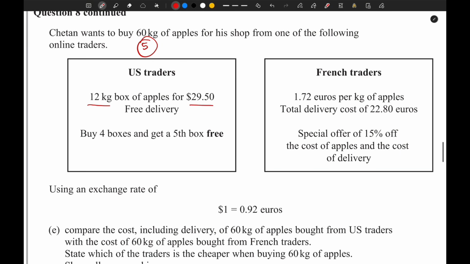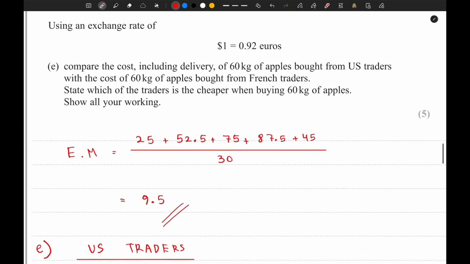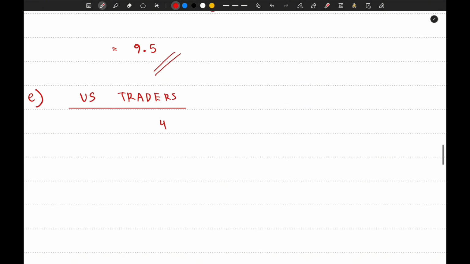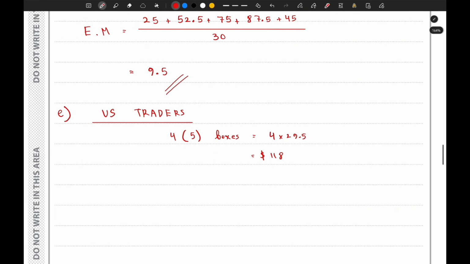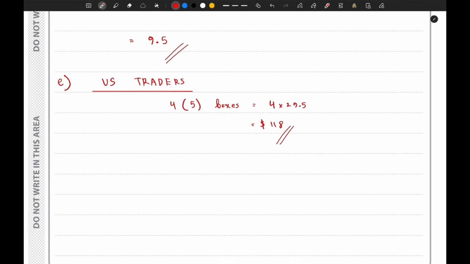One box costs $29.5, and we only pay for 4 boxes because we get the fifth one for free. So 4 times 29.5 is $118 for 5 boxes of apples. This is the total cost if you buy the apples from the US trader, because the delivery is free and you're just paying for the cost of the apples.